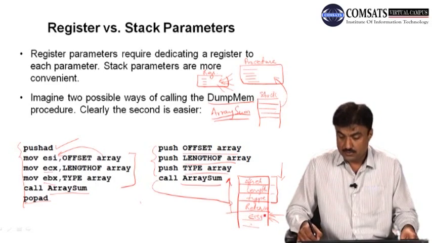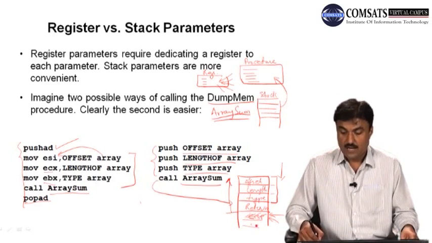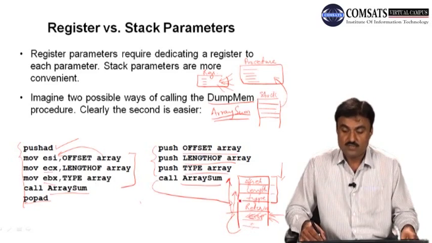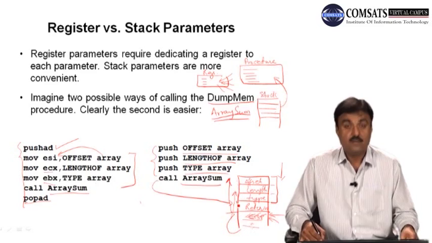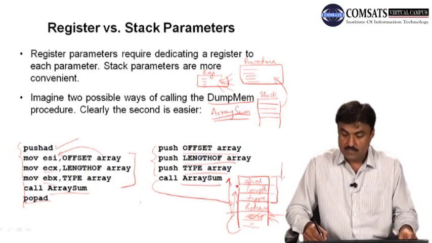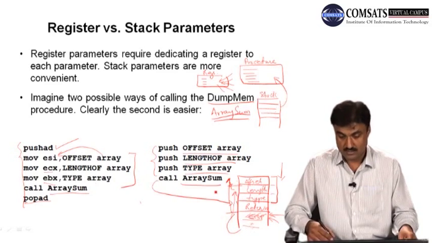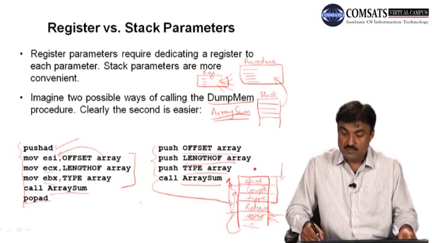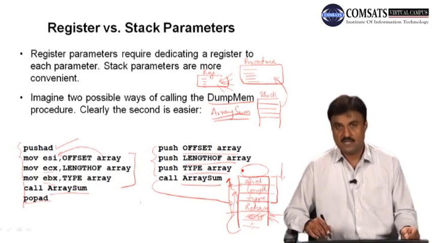However, if we do not use this EBP and we use the stack pointer directly to access these, and if we change the value of the stack pointer at this point and then return from the procedure, there should be a return address which should be accessed.